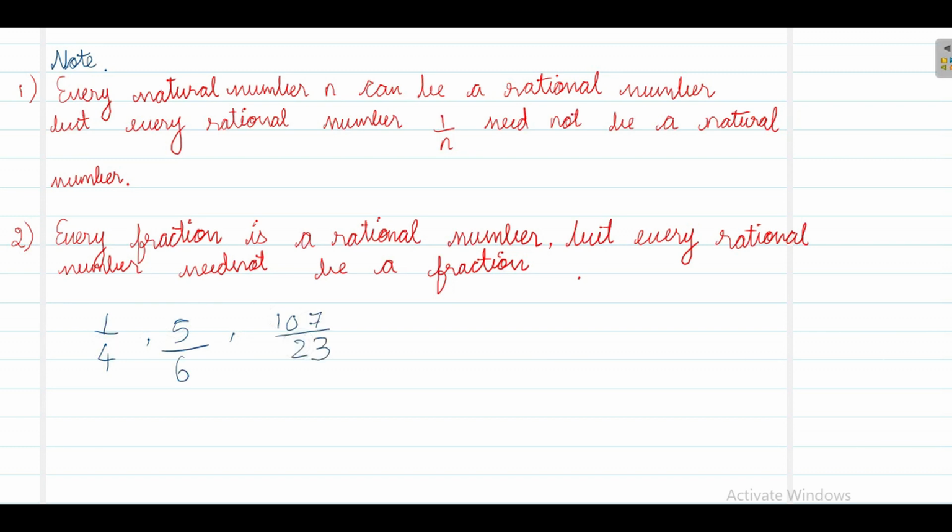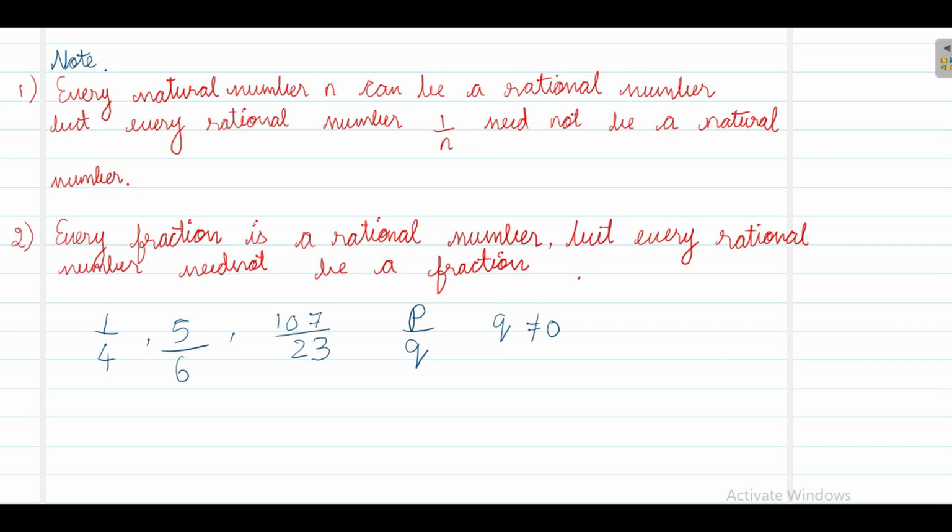All these are fractions, proper fractions, and improper fractions are also there. But all these are of the form p by q, where p and q are integers and q is not equal to 0. So all these fractions can be considered rational numbers.